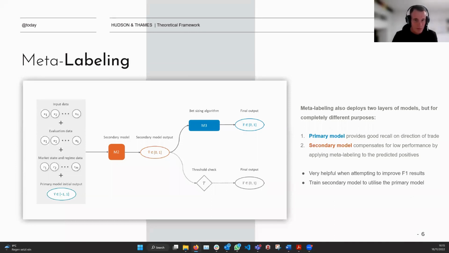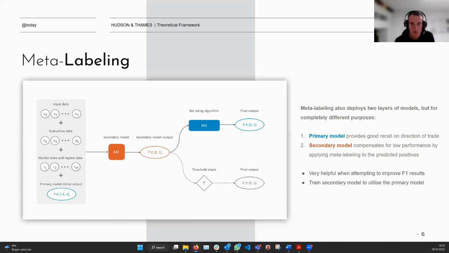First, we develop a primary model that provides good recall, even if the accuracy is not particularly great. Then the idea of the second model is that you compensate for the low performance by applying meta-labeling to the positives predicted from the primary model. As we will see later on, meta-labeling is especially beneficial when you try to improve F1 results.